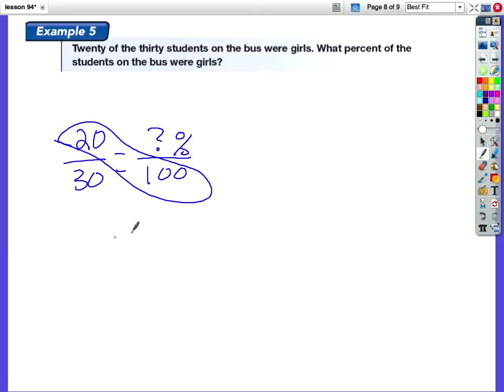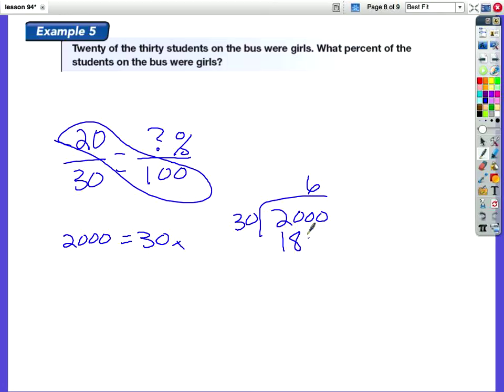So there I'd get 2,000 equals 30 times x. Now I just take 2,000 divided by 30. 30 doesn't go into 20, so it goes into 200 6 times, because 6 times 3 is 18, and then I just add that 0.